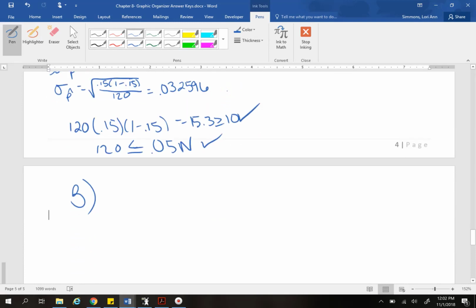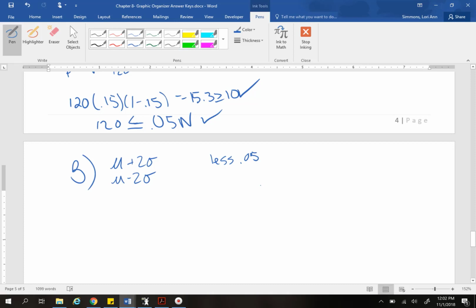So if you recall from chapter 6, unusual would be your mean plus or minus 2 standard deviations. If it's outside that, then it's unusual. Or chapter 5, if it's less than 0.05, it is unusual. All right, I'm going to do both just so you get exposure to both of them.